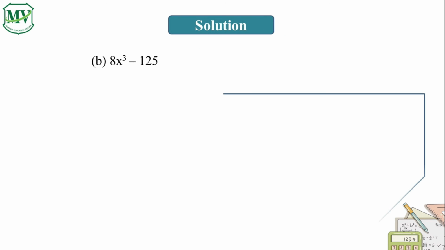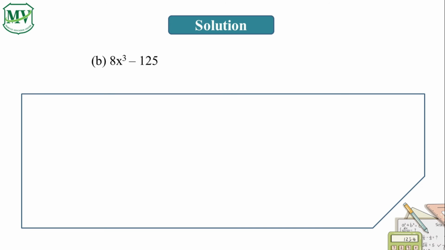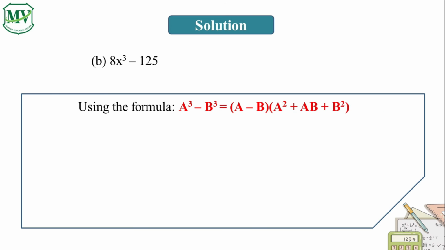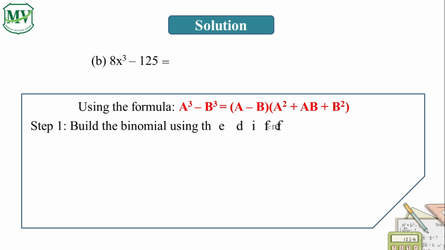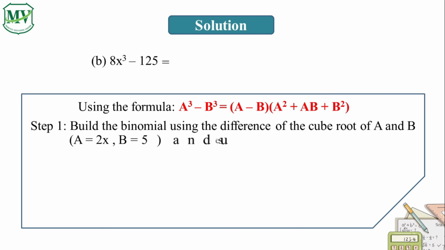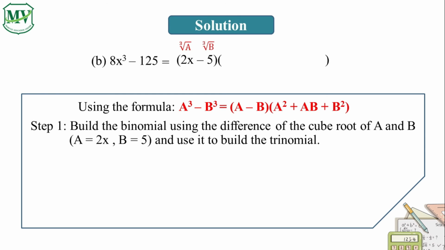Now for letter B. In this problem, we are going to use the formula for the difference of two cubes, which is as what we did in letter A, build the binomial using the difference of the cube root of A and B, then use that to create the trinomial. In the trinomial, square the first term.